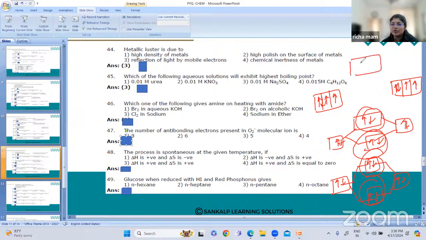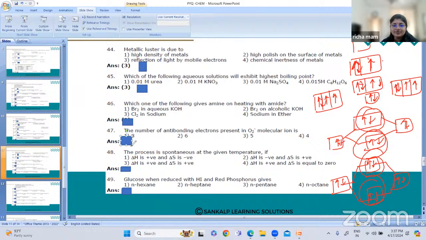So write the MOT. When the pairing of electrons takes place, first the electrons are paired here. How many in total? 8. And one extra electron, so 9 electrons. So how many antibonding electrons are there? 1, 2, 3, 4, 5, 6, 7.